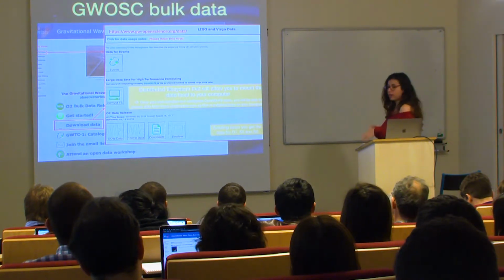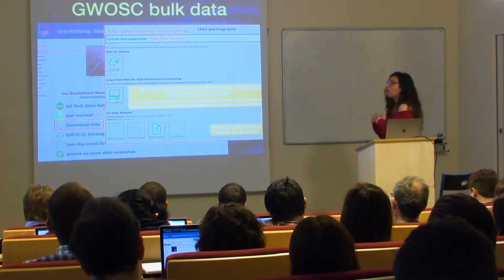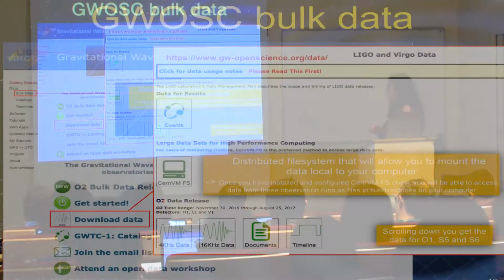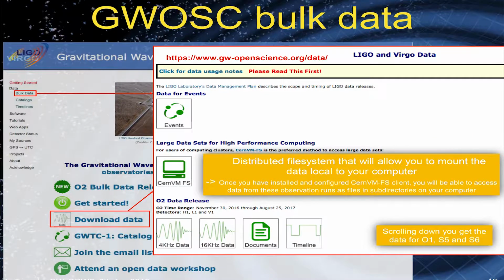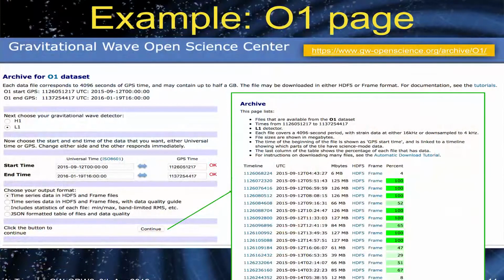If you click, there is a list of instructions to mount the file system on your computer and basically work in the folder that contains the data as if they were on your computer. Or you can click on this box that shows the 4 kilohertz and 16 kilohertz data for each bulk, for each data release. And then you can have access, for each data release, to the documents and timelines that I will discuss a bit later. So let's assume that you click on O1, for example.